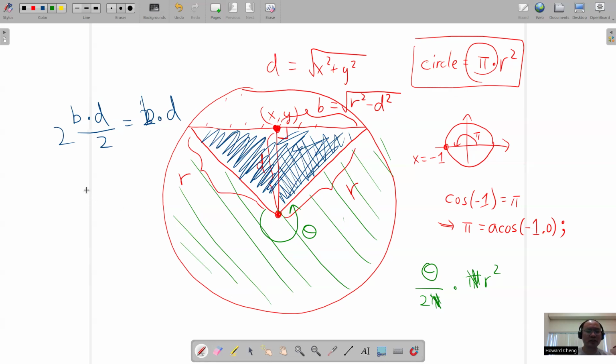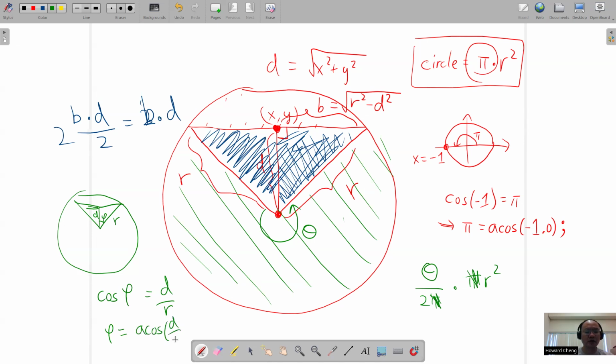Okay, so how do we get this theta? We'll draw this again. If you note this is d and this is r, then this angle, let's use a different symbol because I have theta again, let's use psi. We know from trigonometry the cosine of psi is equal to d over r. So psi is the inverse cosine of d over r.